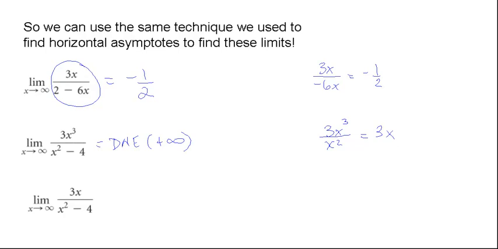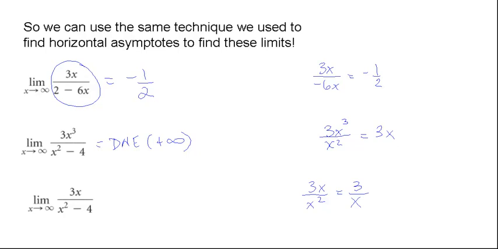In the same way, if we did this analysis to find out if there was a horizontal asymptote, we would say no, there is not a horizontal asymptote. So the same sort of strategy applies. Okay, this next one, the limit of 3x over x squared minus 4 as x goes to infinity. Again, we take the leading terms, which are 3x over x squared, and we simplify this, and we get 3 over x.